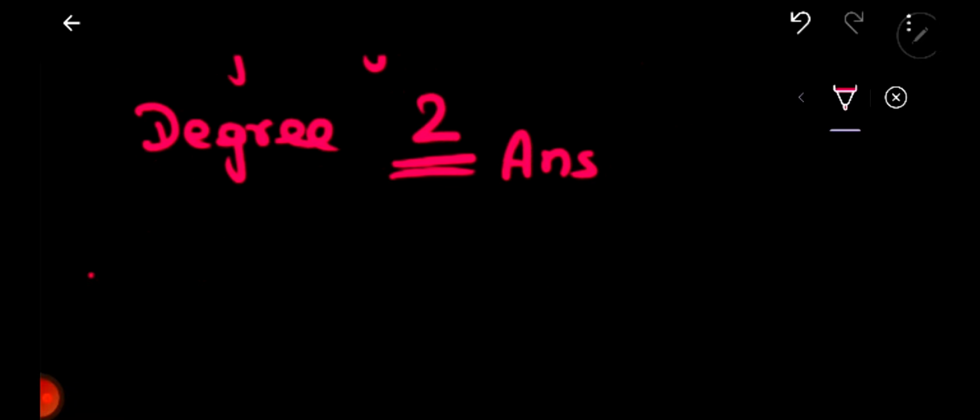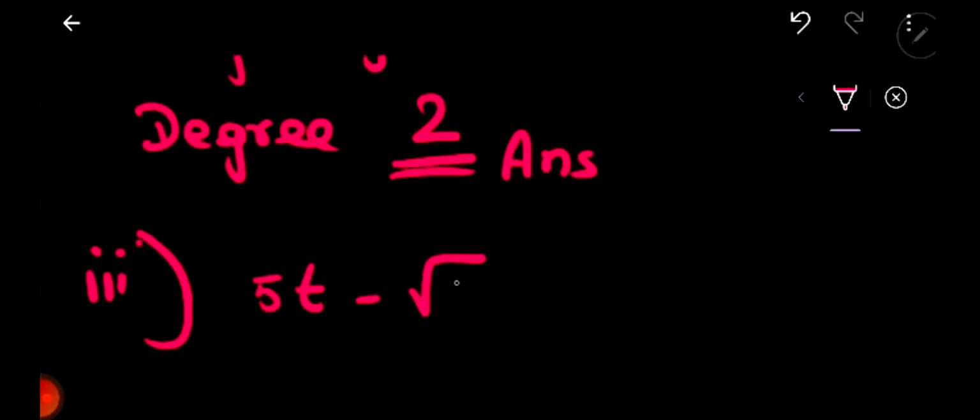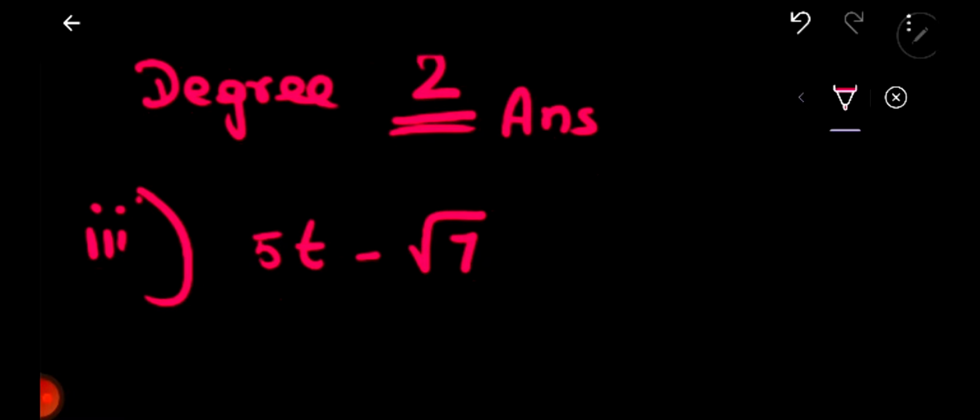And the third question, 5t minus square root of 7. We can rewrite this expression as 5t minus square root of 7 t power 0.